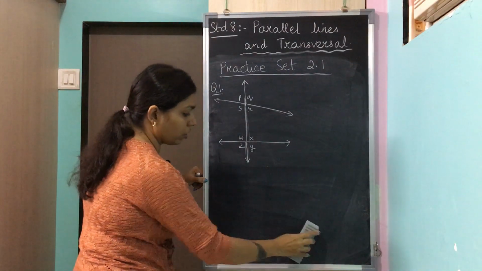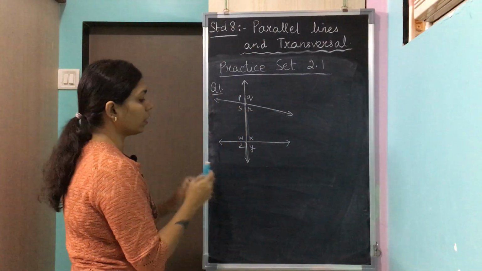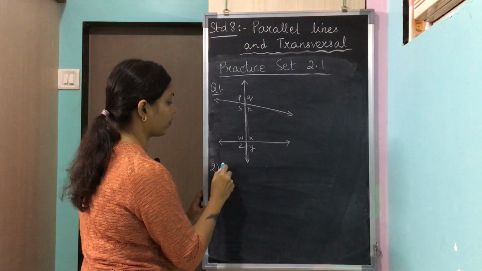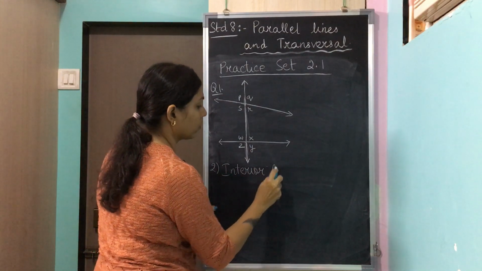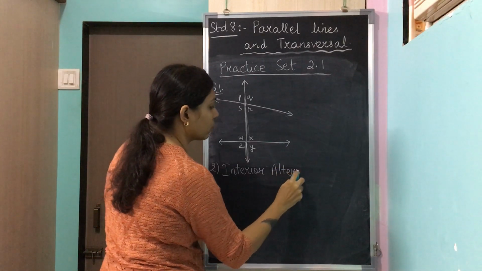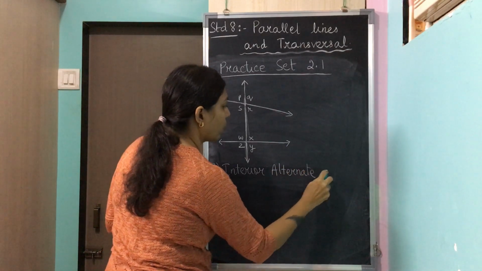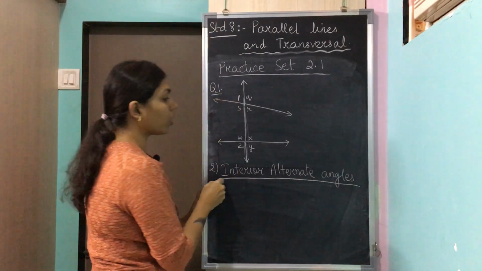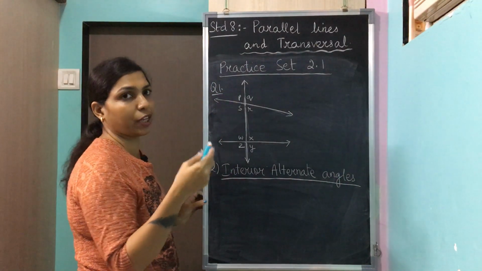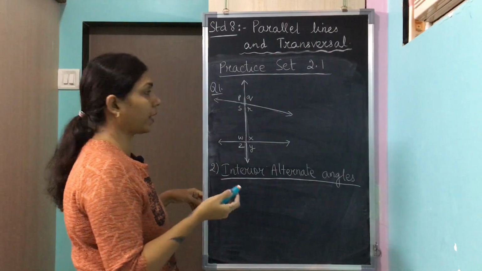Next, you are asked to write down which are the interior alternate angles. Your interior alternate angles is your Z formation and the inverted Z formation angles.